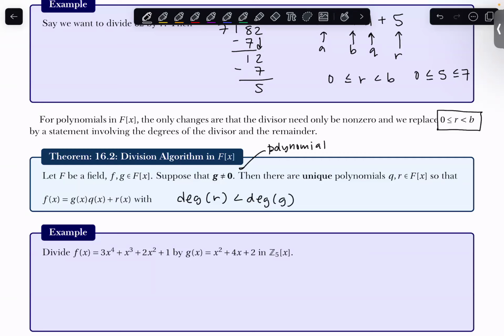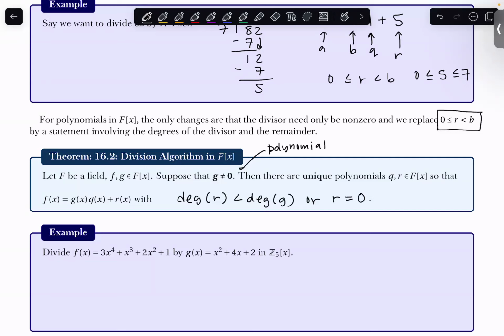So I'm going to say with this inequality, or where the remainder is the zero polynomial itself. The zero polynomial we always have to treat differently because it doesn't have a degree. Or I can think it has negative infinity as its degree, and then the statement would still be true.